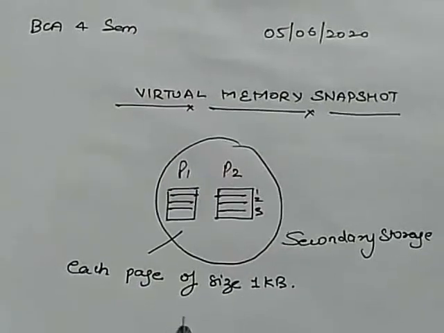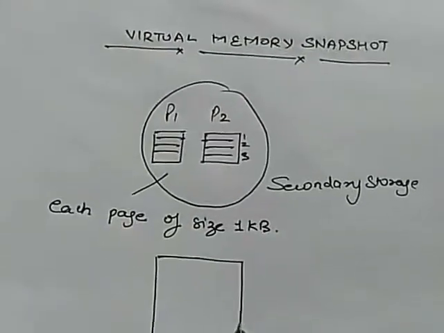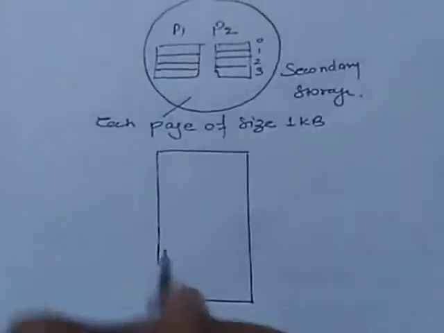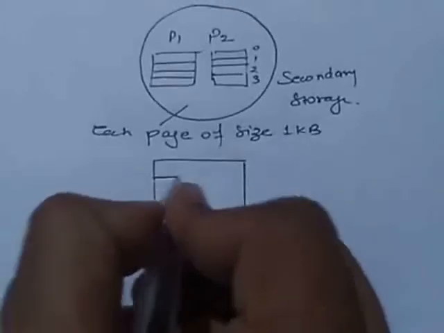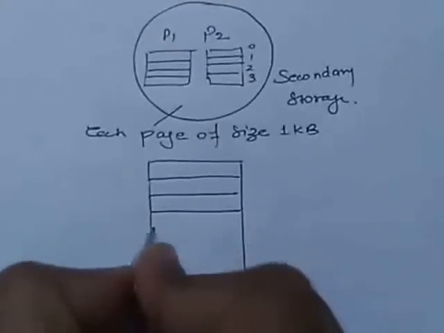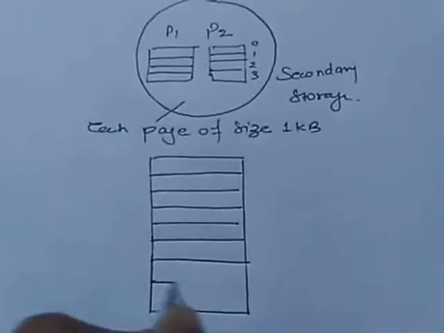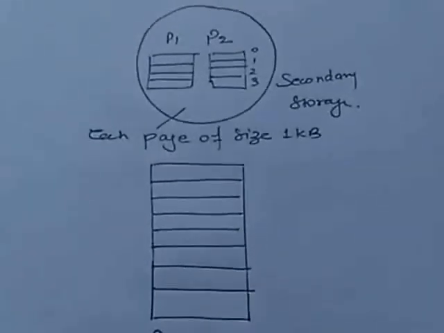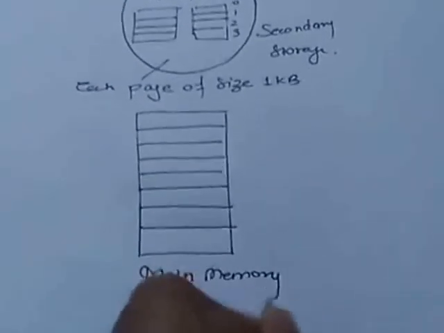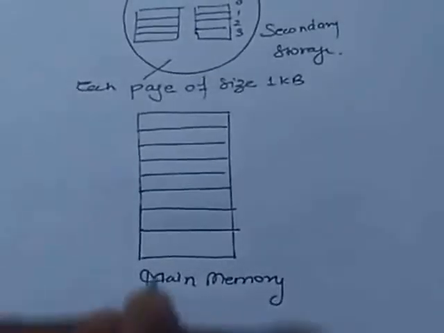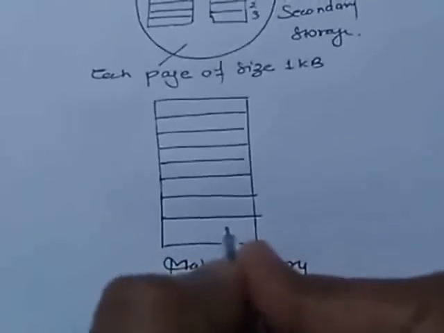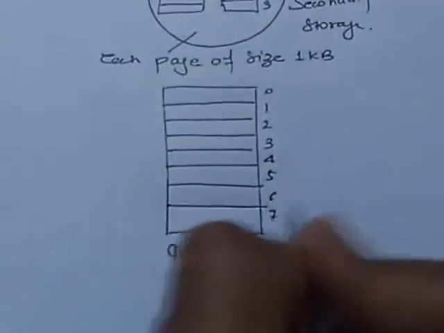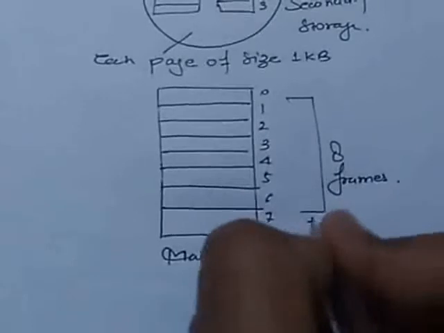Now the main memory contains 8 frames: 0, 1, 2, 3, 4, 5, 6, 7, and each frame is of 1 KB.